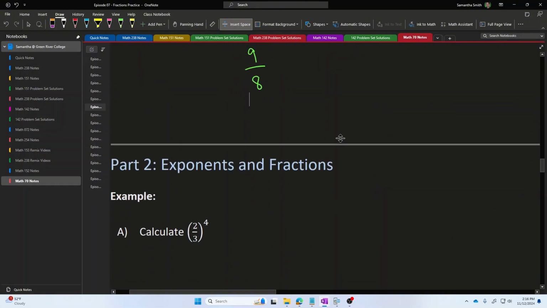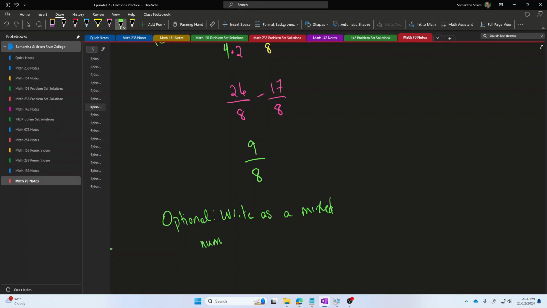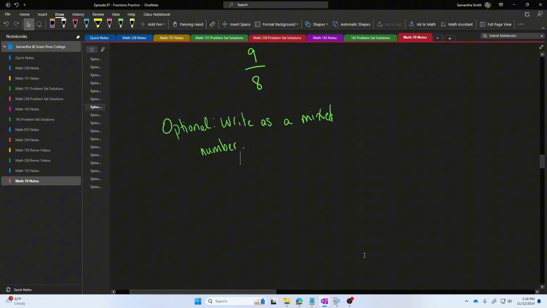Now, this is a pretty big amount where the numerator is larger than the denominator. So if I wanted to, I could finish by rewriting this as a mixed number. And I could say, how many times does 8 go into 9, for example?